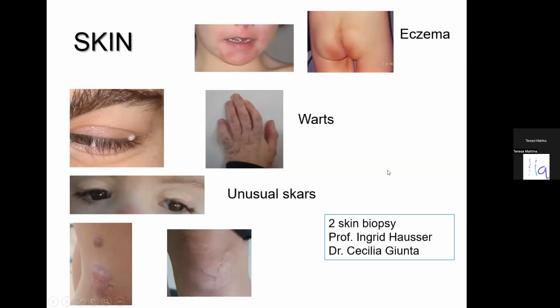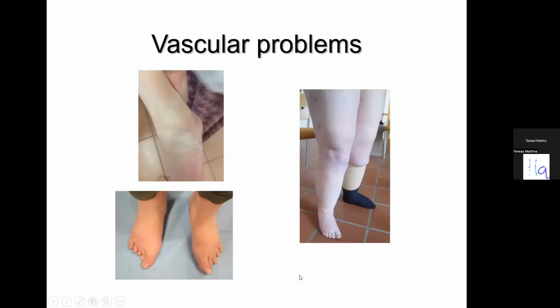There are also skin problems: eczema, viral infections, unusual scars, either exceeding scar or thin scar. But we did 2 skin biopsies without finding any abnormal growth of the connective tissue.